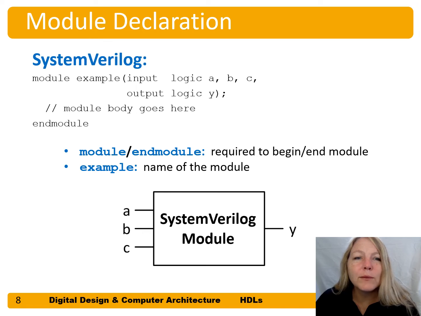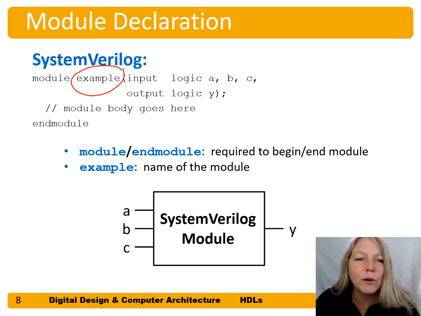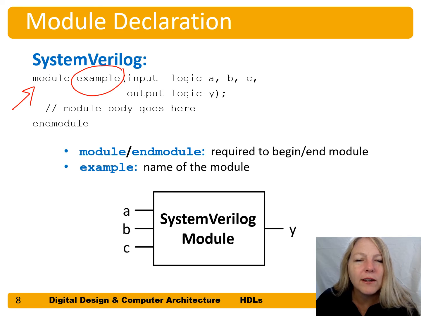So here's an example module declaration in SystemVerilog. We can see here we have the name. In this case, we called it example. And this keyword module says, hey, the next thing that's going to happen is the module name. So we have module example. That tells us what the name of our module is. And now we have our inputs, in this case, A, B, and C. And we also have outputs.